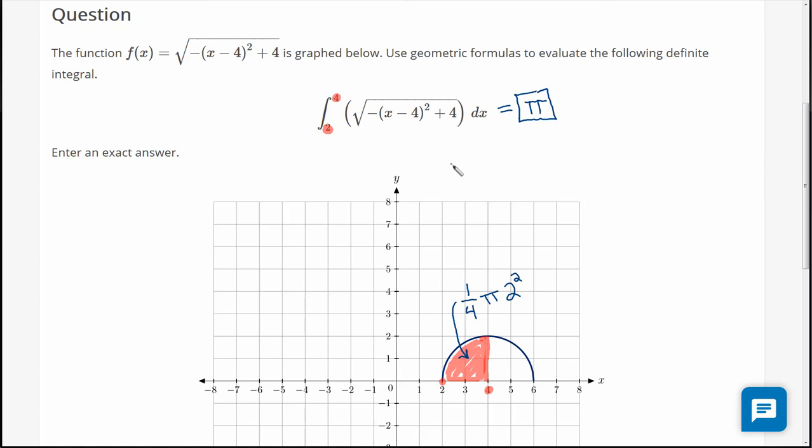So again, what's the moral here? The moral here is if you see a scary looking definite integral, your first instinct should be to draw a picture. Use GeoGebra and draw a graph of the function and see, hey, do I recognize that?